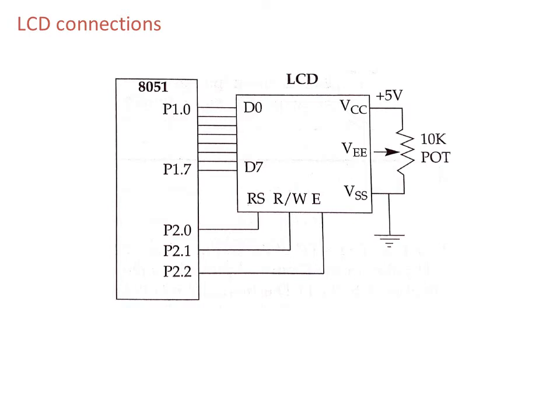Port 2.1 is connected to the read-write pin of the LCD. Port 2.2 is connected to the enable pin of the LCD. And VCC of the LCD is connected to plus 5 volt. VSS is connected to ground, and VEE is the power supply to control the contrast.